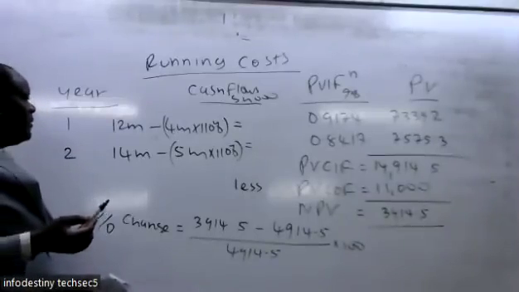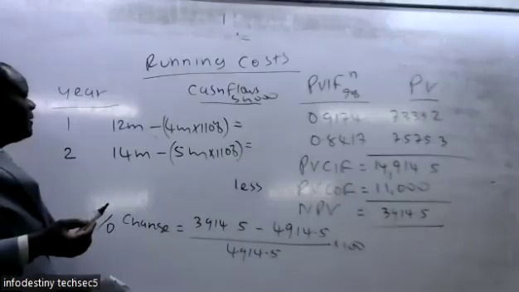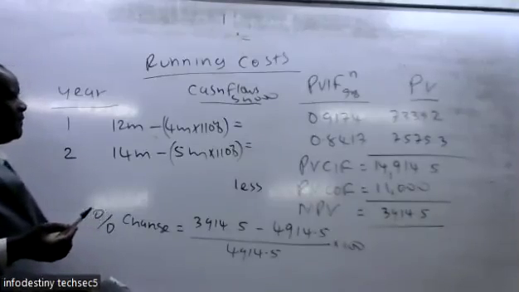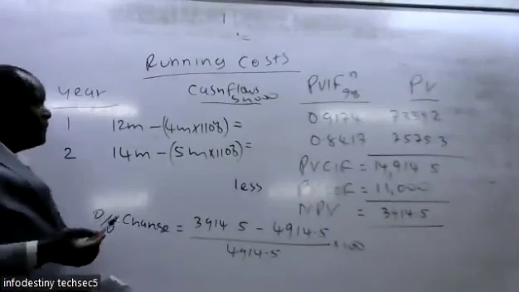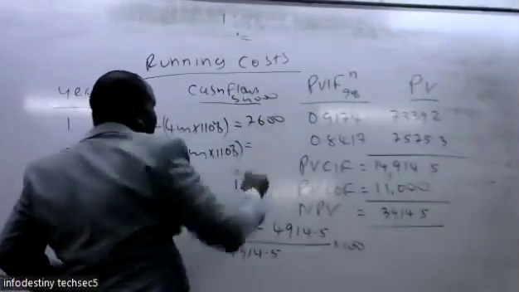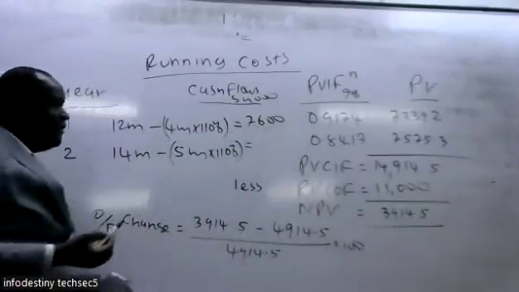So year one, when you take 12 million minus increase in the running cost by 10%, the difference will give us which year? 7,600. So that will be now for year one.